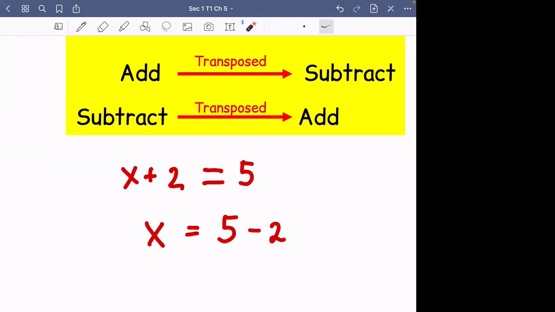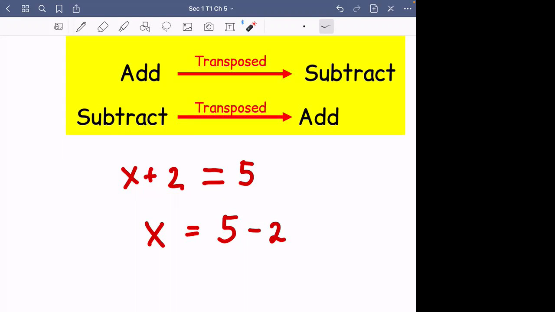Remember, when you transpose something, it becomes negative. You change, right? For example, from Indonesian, you want to become African, you should change your passport. So if it's positive, you change to another, so negative.